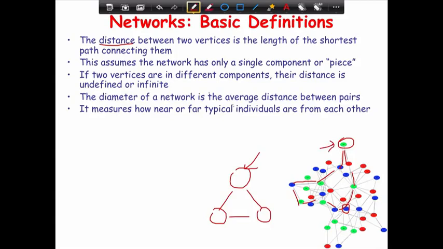In the case two vertices are in different connected components, we can think of their distance as being undefined or infinite. In the case, however, that a network has only a single component, we can talk about the diameter of that component. The diameter of a network is the average distance taken between all pairs of individuals in the network, and it's a measure of how near or far typical individuals are from each other in the network.